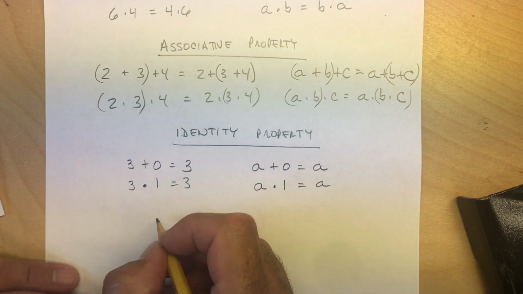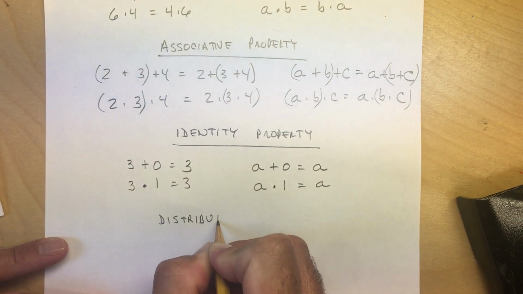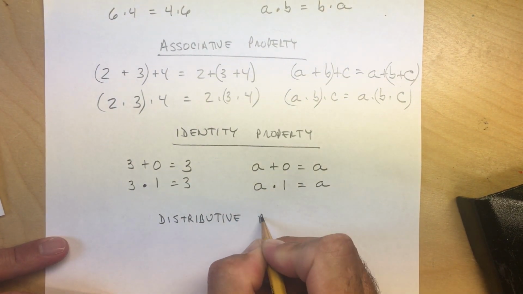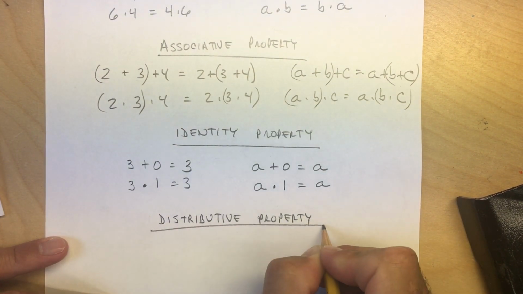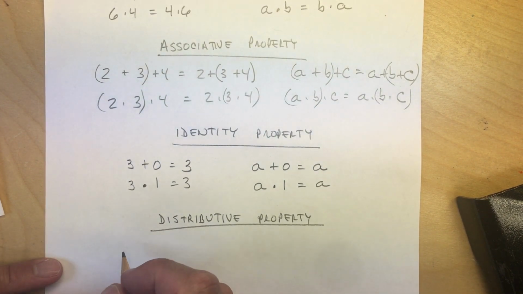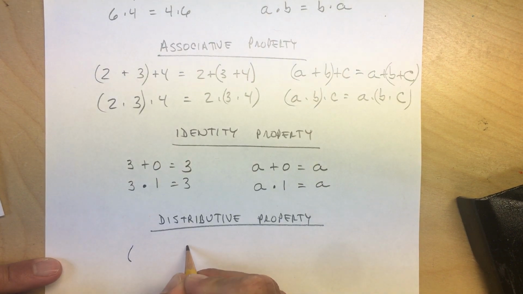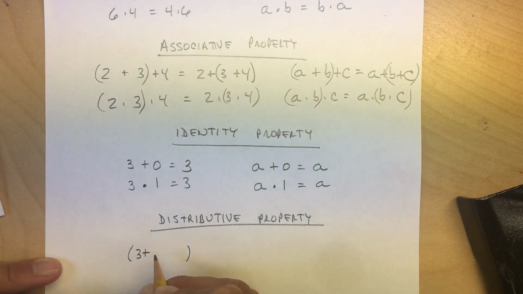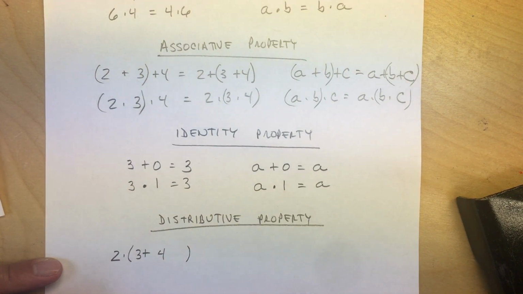All right, last property is distributive property. And it works like this. For arithmetic, if you had something like 3 plus 4 in parentheses, and in front of the parentheses you are multiplying by 2.